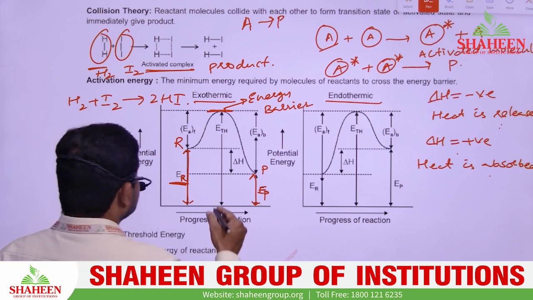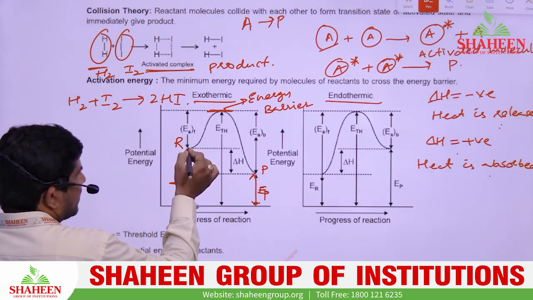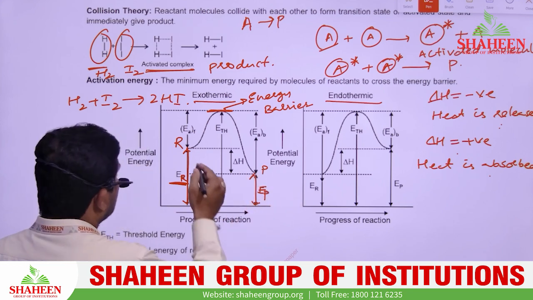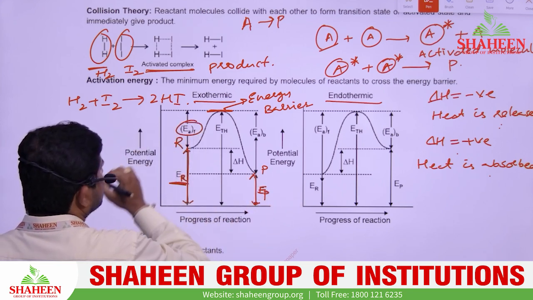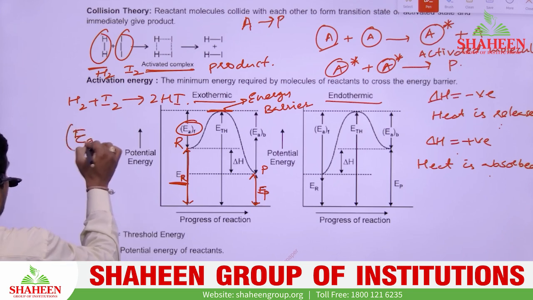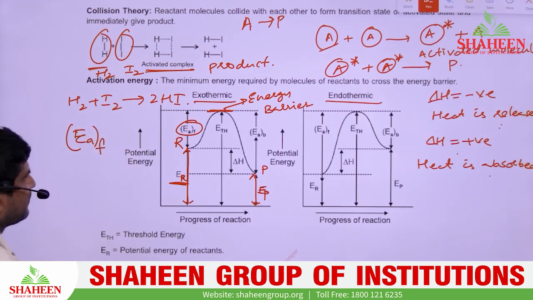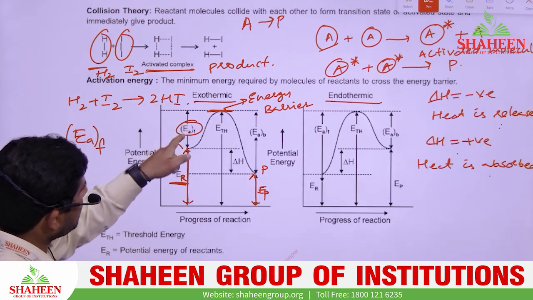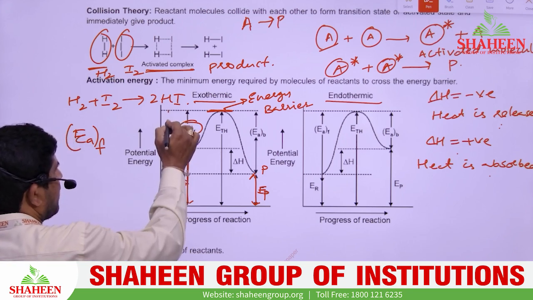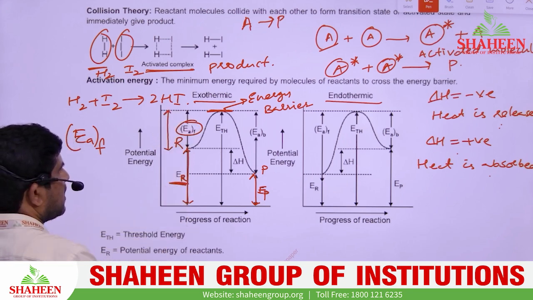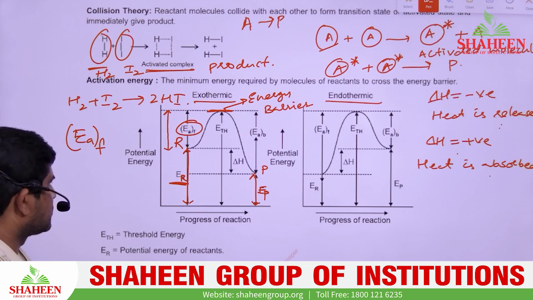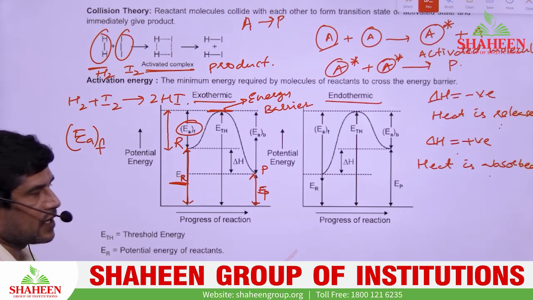The energy required from here to here to cross the energy barrier is called EA, the activation energy required for the forward reaction, the conversion of reactant into product.